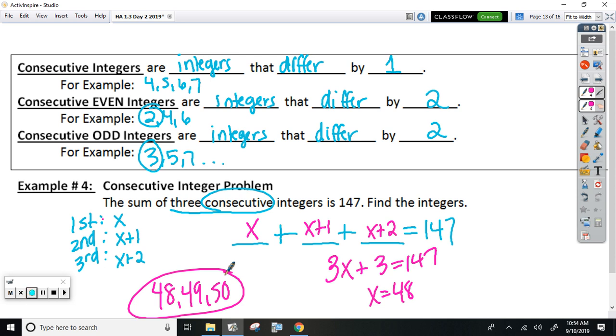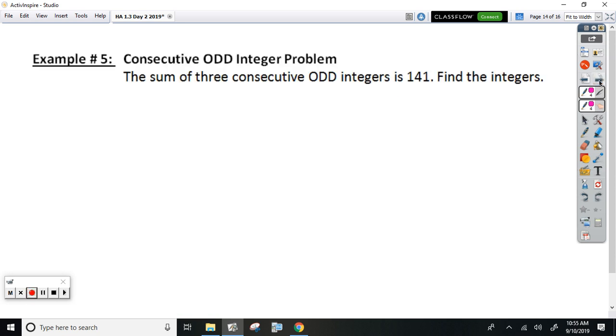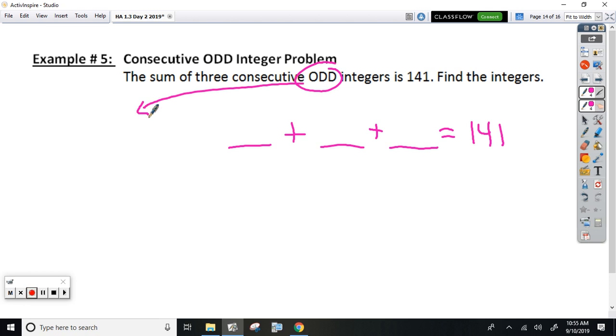And our last one, example 5, the sum of 3 consecutive odd integers is 141. But because it's odd, that's going to change the way we define our variables. The first one will still be x. What will the second one be? Think about how much they differ by. Good, they differ by 2.